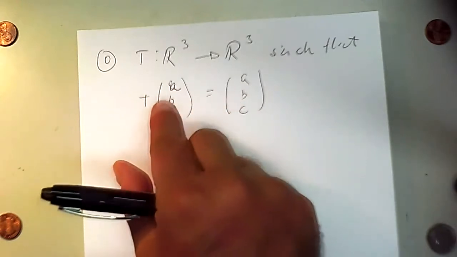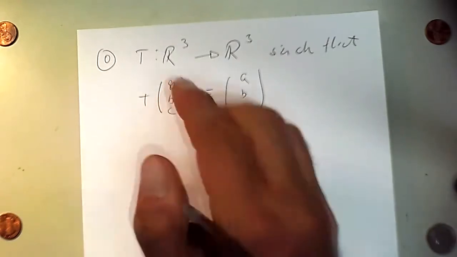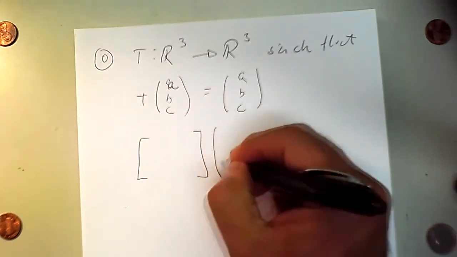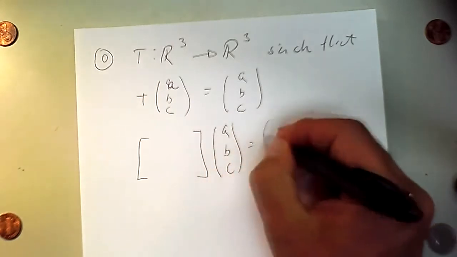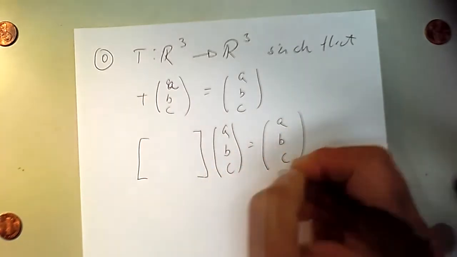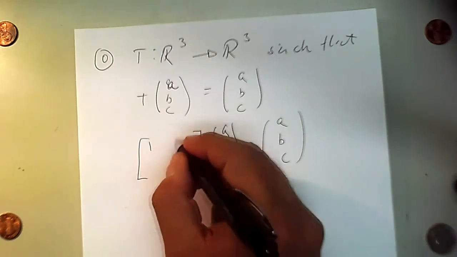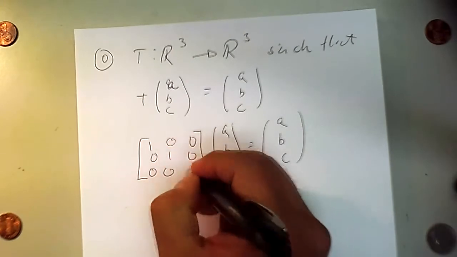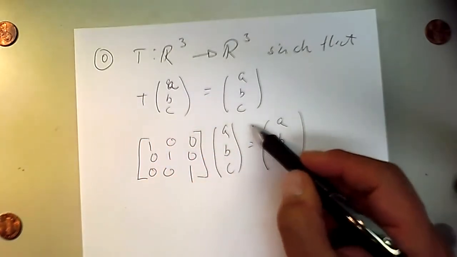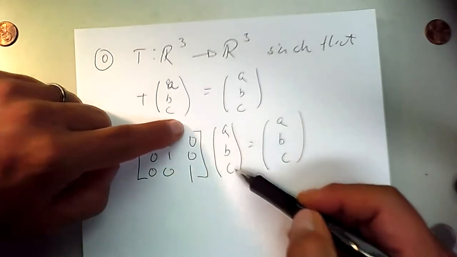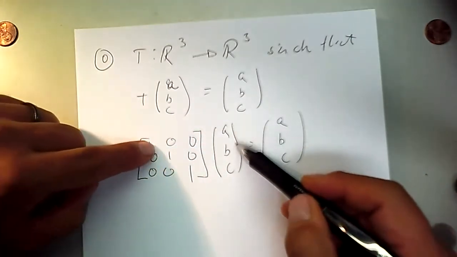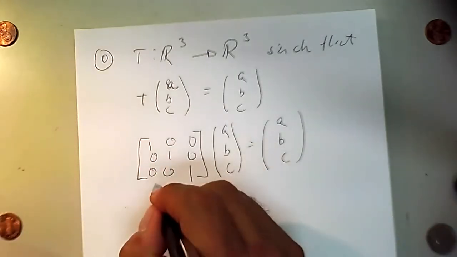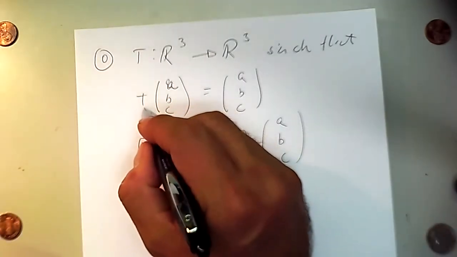Now, it turns out that there is a matrix corresponding to this, a 3 by 3 matrix, so that when we multiply with (A, B, C), we end up with exactly (A, B, C). And it is a unique matrix. It is going to be the identity matrix: 1, 0, 0; 0, 1, 0; 0, 0, 1. So when we multiply this matrix with the vector, we get A, B, and then C. So this is the matrix corresponding to this linear transformation.